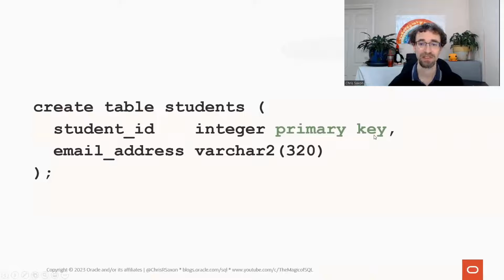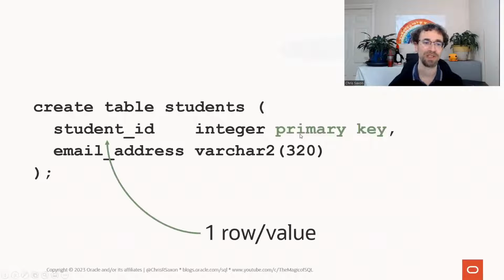So what this means is, having marked it as a primary key, we can store at most 1 row per value in student ID. So if we insert student ID equals 1 into the table, and a row has that, if another session or someone else tries to insert student ID equals 1 as well, it will fail. We cannot have 2 rows with exactly the same value for the student ID, only 1 row. So the primary key prevents duplicates here.